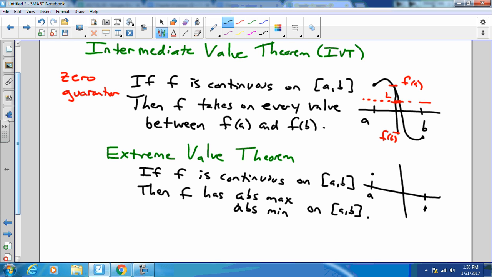The picture here is a function that is continuous between a and b, so it has to have a max and a min value. Maybe that max is at a critical point, or maybe it's at an endpoint. Maybe that min is at a critical point, or maybe it's at an endpoint. But it has an absolute max and an absolute min on the closed bounded interval. So this theorem was an extremum guarantor.